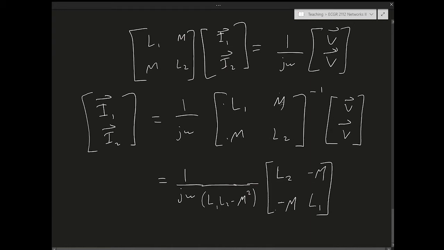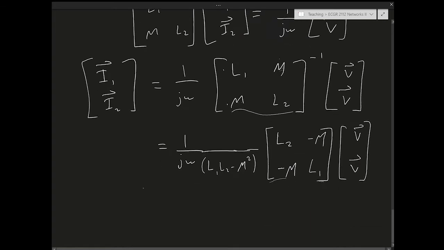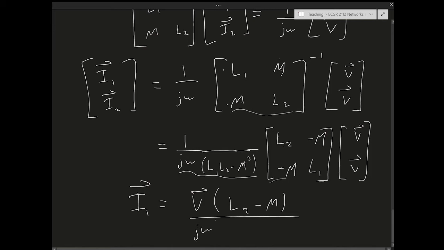And you can check. You can take this matrix and multiply it by this matrix, and you should get unity, the identity matrix. And this is it. This gives me the solution. So this gives me I1 equals V times L2 minus M, divided by j omega (L1 L2 minus M squared).